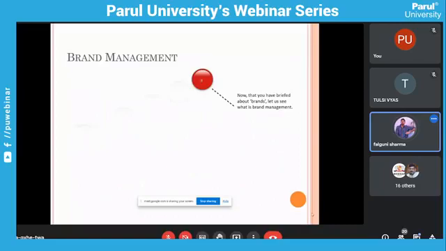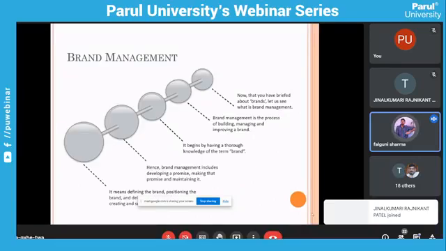It begins by having a thorough knowledge of the term brand. When we are looking at a brand, we have to work rigorously to develop a root, laying the foundation for a brand, so that it will be able to sustain in any kind of situation.